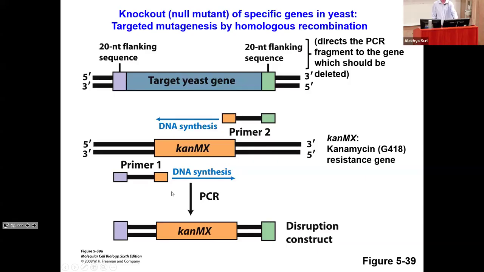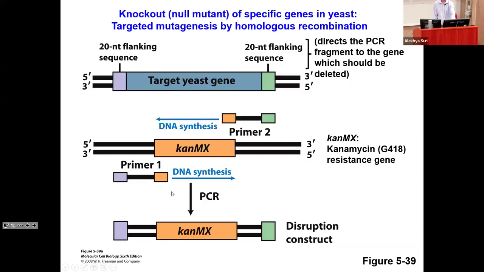In the PCR reaction, the first part is annealing. The primer has homology with the kanamycin resistance gene, but already in the second PCR cycle there are overhangs with homology to the target yeast gene.